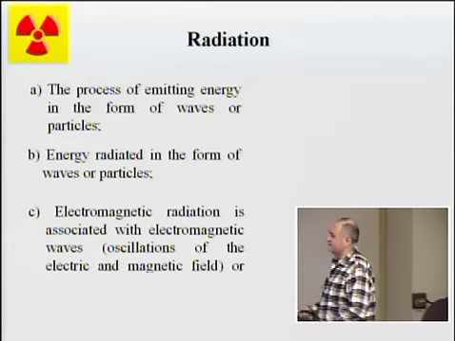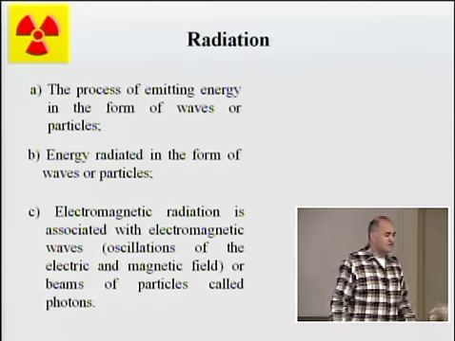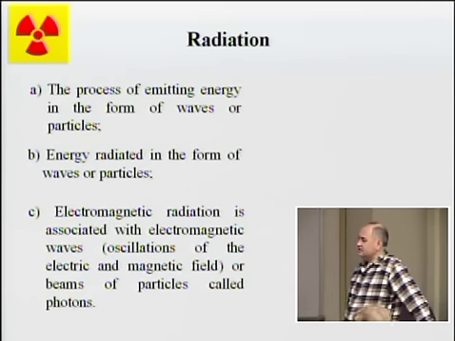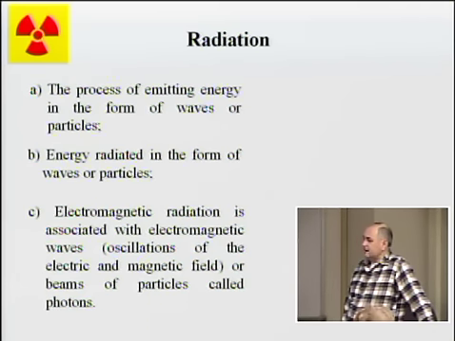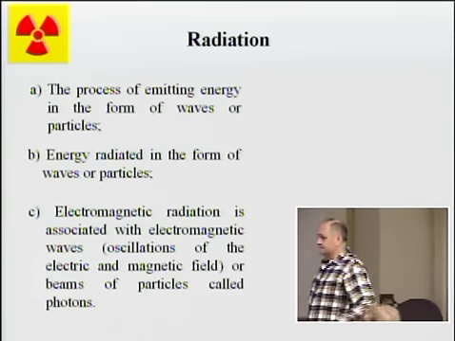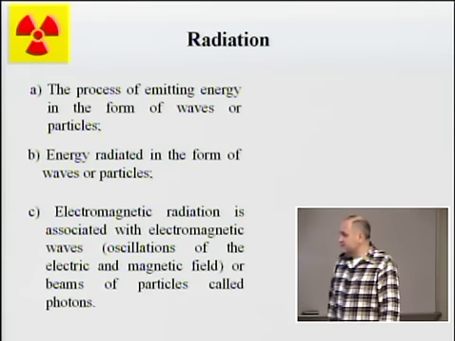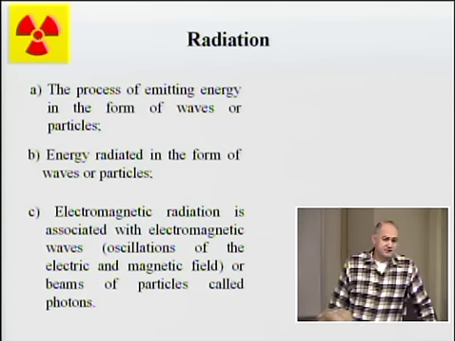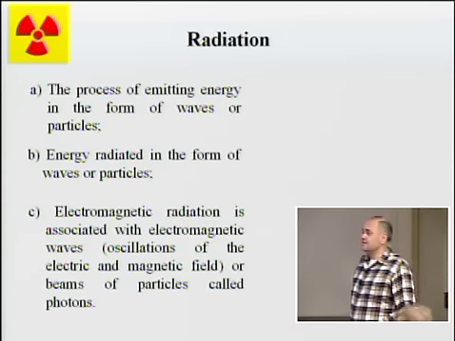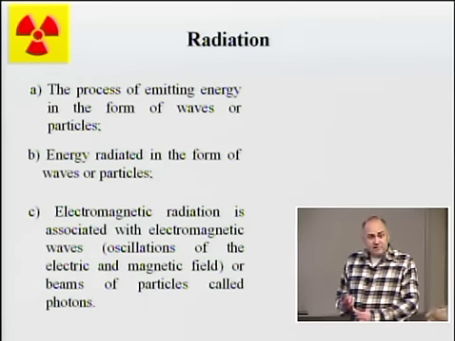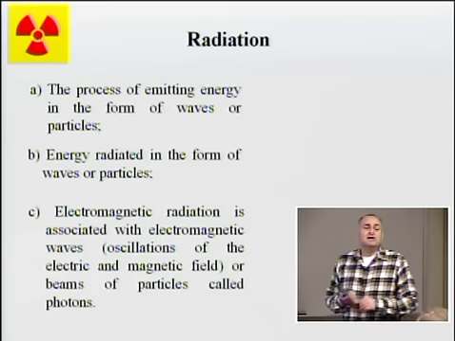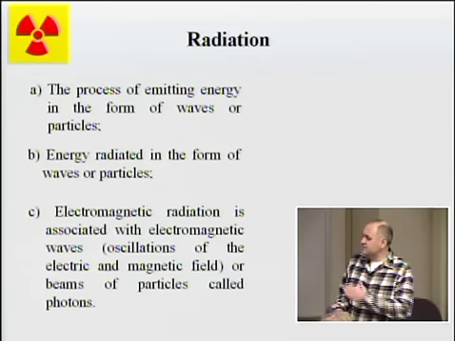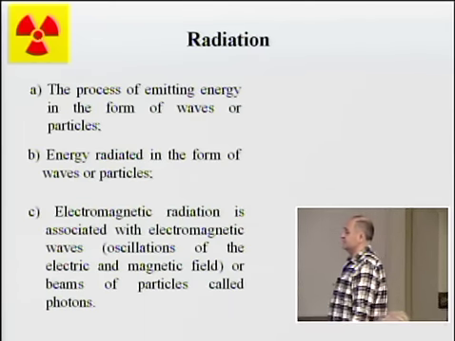Now, in this course, we will limit ourselves only to one type of radiation, which is associated with electromagnetic waves. In electromagnetic radiation, both electric field and magnetic field oscillate at each point along which this radiation travels.